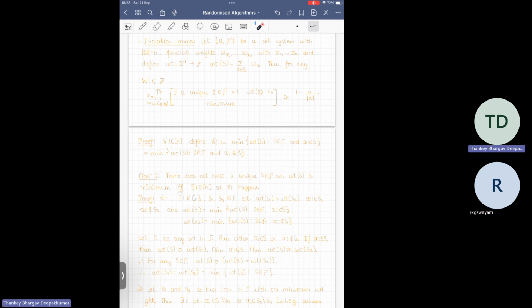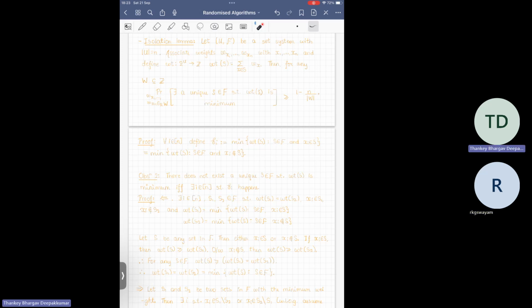So the maximum number is n factorial. Why? Because in the worst case, the graph can be completely connected and every vertex in L can be matched to every vertex in R. So in the worst case, I have n factorially many perfect matchings, right?